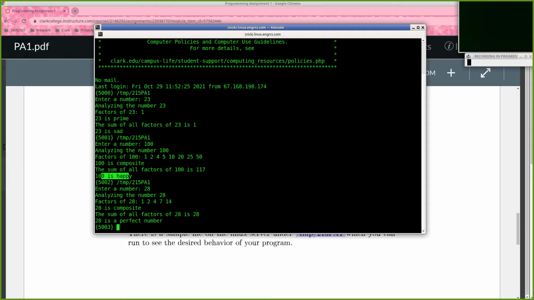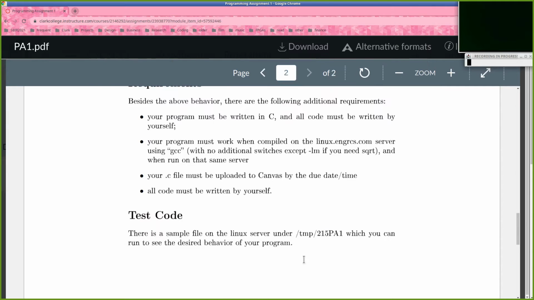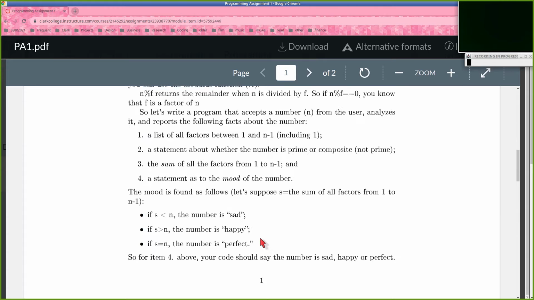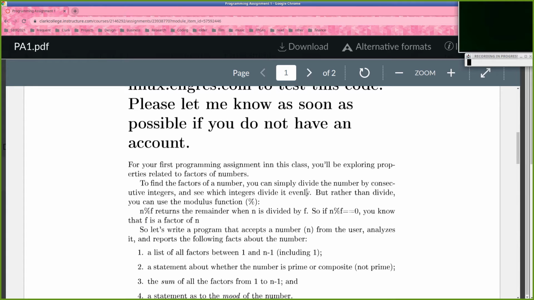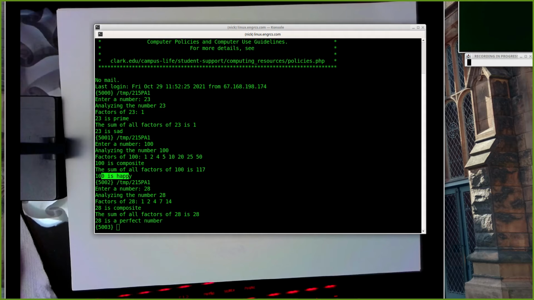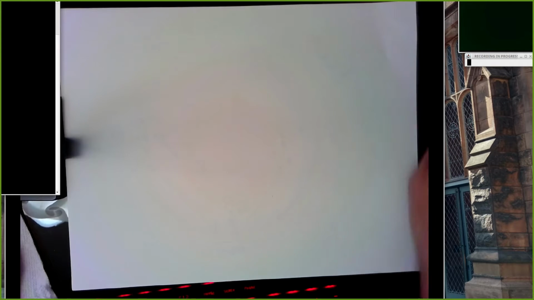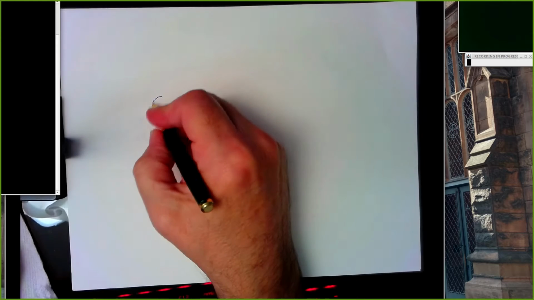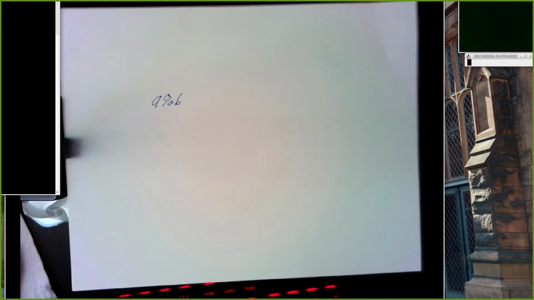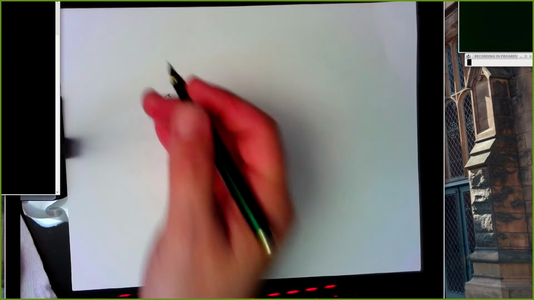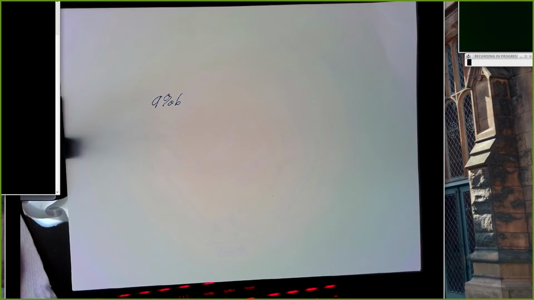And basically to do this, you need to be able to know if something's a factor of a number, and you can do that with the modulo function. So if you say a%b, that will tell you what the remainder is when a is divided by b.